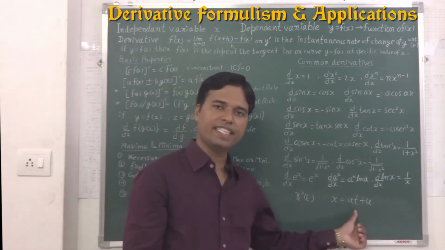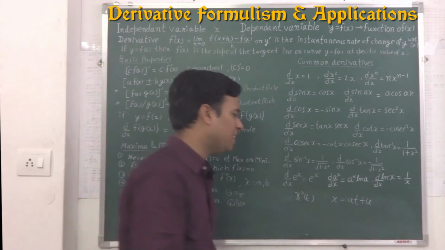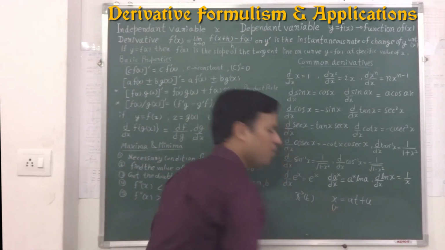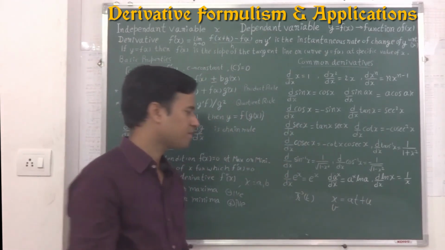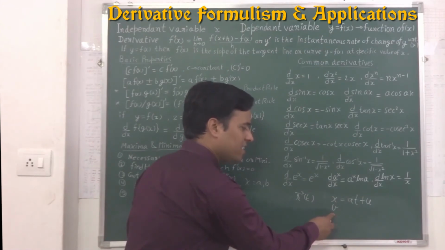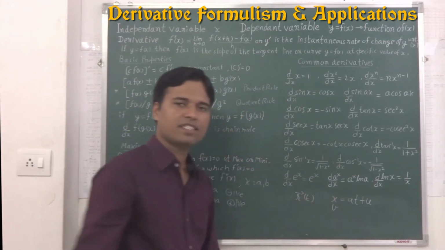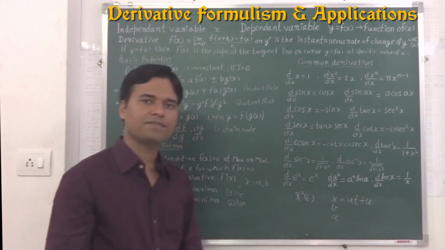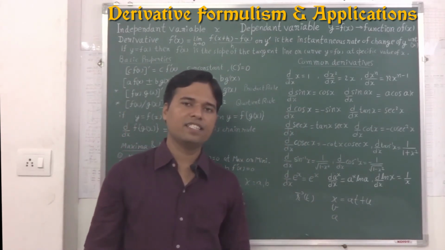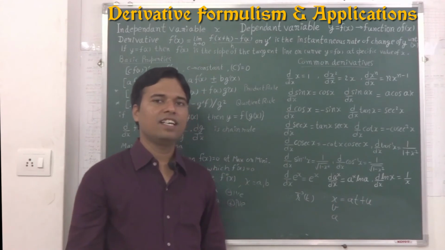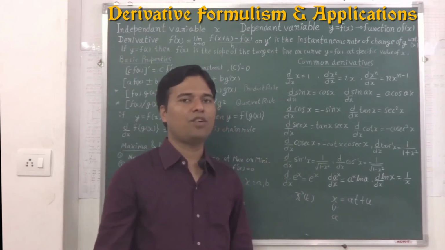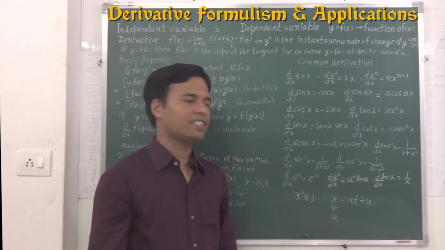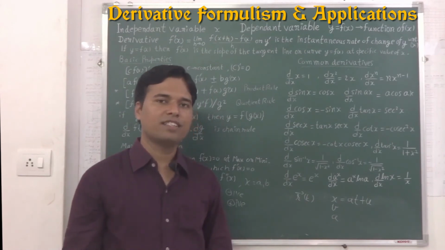Then after the derivative of this function, we will get its velocity or speed. When we get the second derivative of this position, we will get its acceleration. We will use these applications in our second chapter of physics, mechanics, in linear motion.